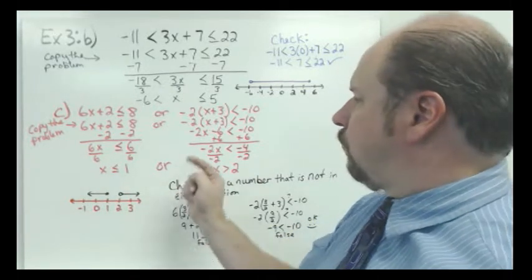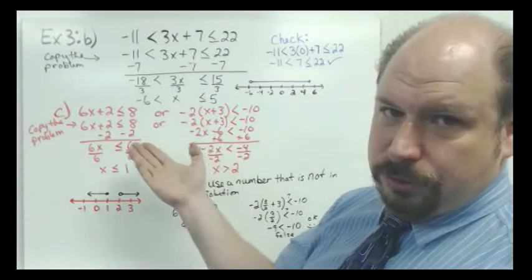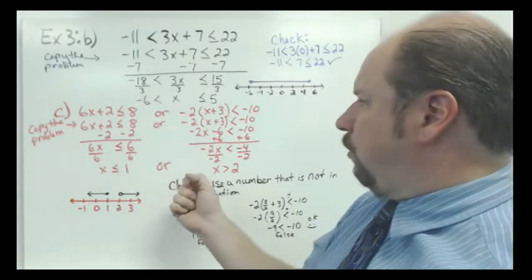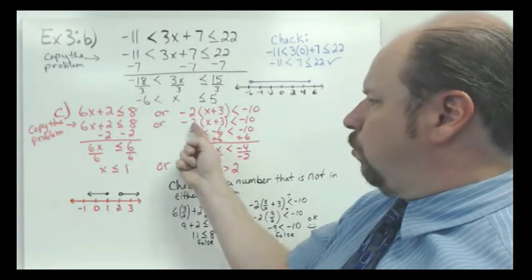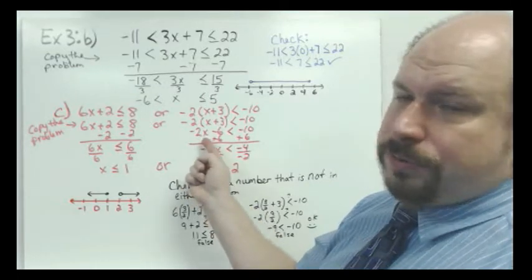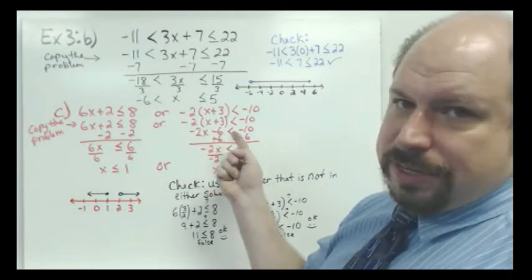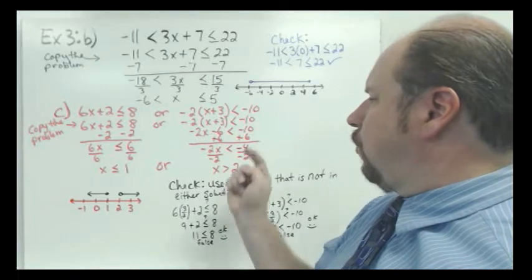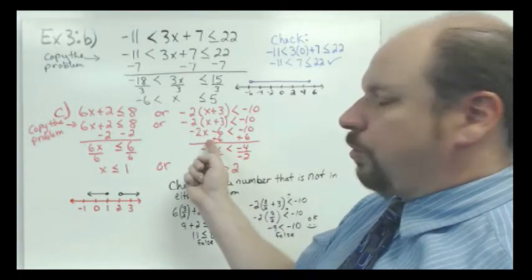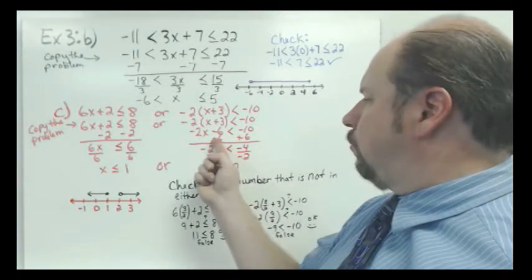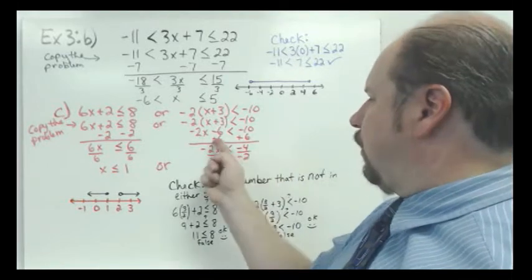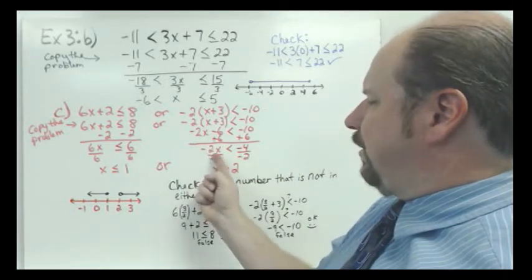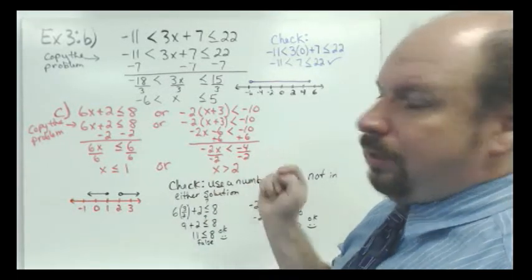and we get x is less than or equal to 1. On the other side, we do have to use the distributive property and simplify a little bit first. So when we distribute the -2, -2x minus 6 is less than -10. Add 6 to both sides. We get -2x is less than -4.